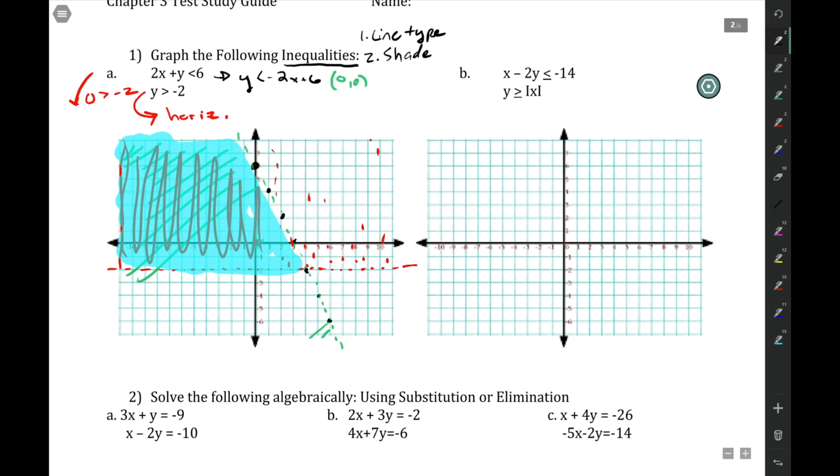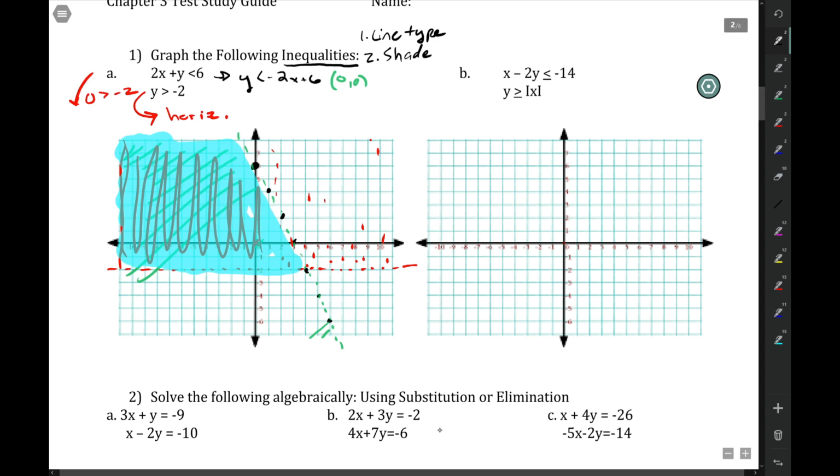Now for part B, similar story for this one here, solving for x. If I actually add my 2y over, then I have 2y, and I add my 14 to the other side. And you could do this differently. 2y is greater than x plus 14.